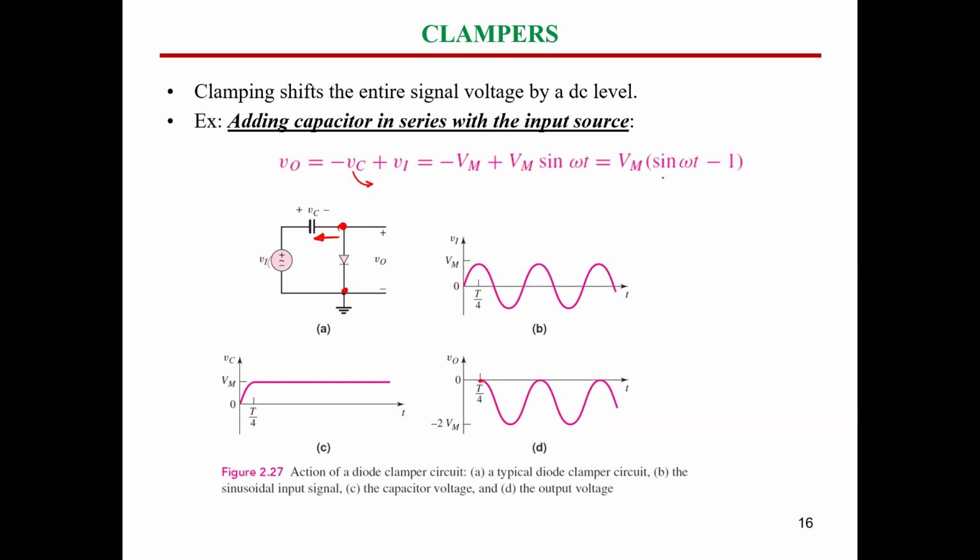And if you take omega t equals, for instance, minus 270 degrees, sine of minus 270 degrees equals minus 1, so minus 1 again. So this is minus 2, so the value would be minus 2 Vmax. So this is going to be the waveform we have here.